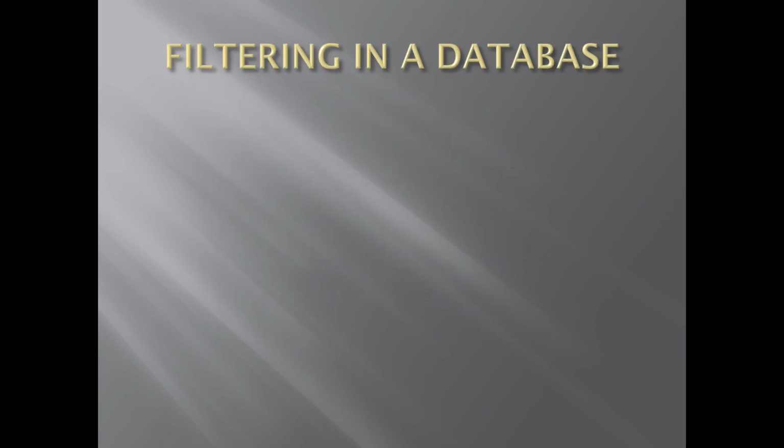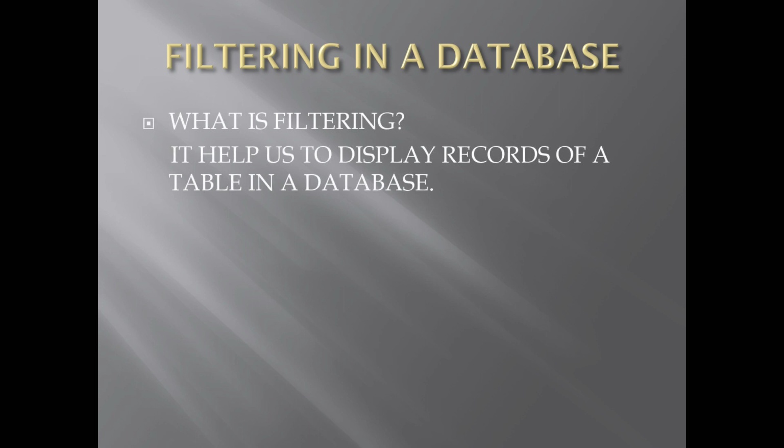now see filtering in database. Think what is filtering. This also we have studied last year in our previous class, and you use filtering in your day-to-day life. See what is filtering.